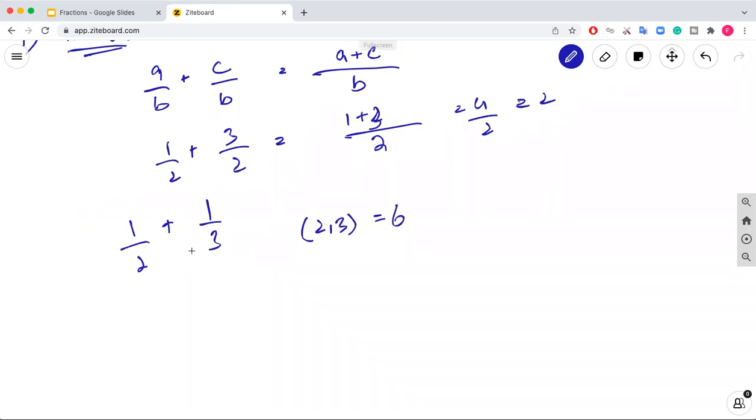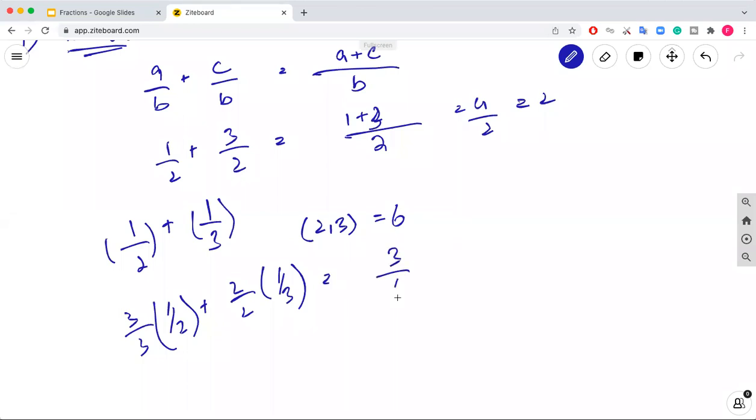So try to come up with equivalent fractions having denominator 6. In the first one, if we multiply and divide by 3, we get 3 by 6. In the second, if we multiply and divide by 2, this becomes 2 by 6. So this will become 3 by 6 plus 2 by 6. Now the denominator is the same, so you can simply add: 3 plus 2 is 5 by 6.